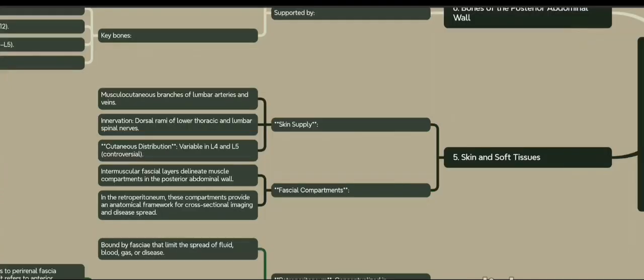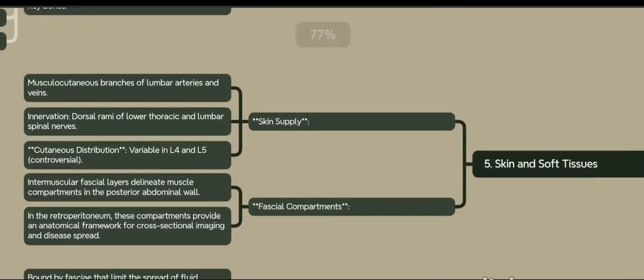The next part is the skin and the soft tissue. The skin supply. The skin is supplied by what? The musculocutaneous branches of the lumbar arteries and the veins.